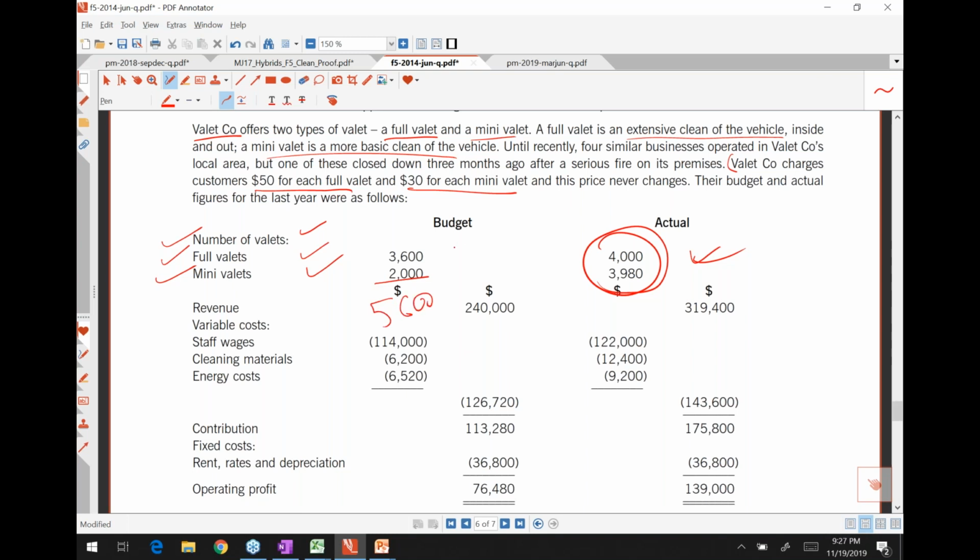This means from 5600, 3600 should be full valet. So this is the standard mix. And from 5600, 2000 should be mini valet. I hope this is clear, how I worked out standard mix. Out of the total, 3600 should be full and 2000 should be mini valet.